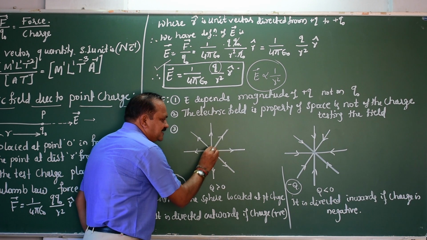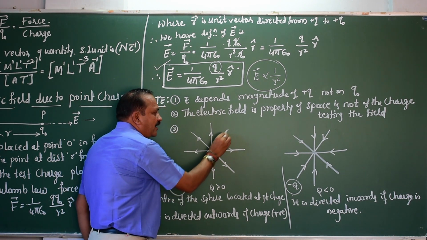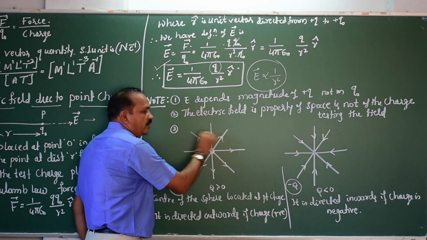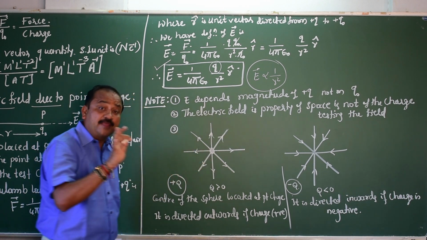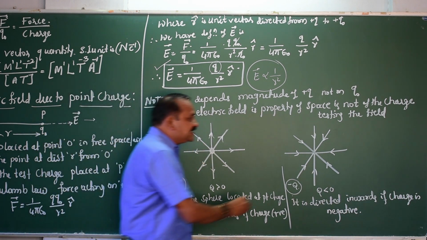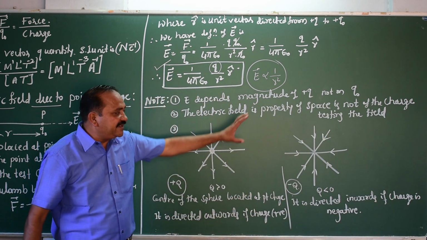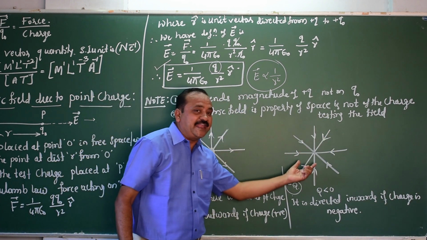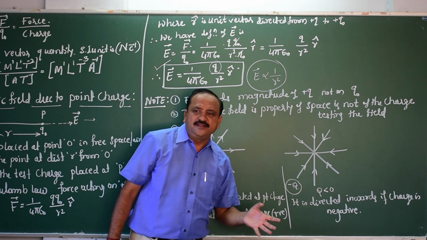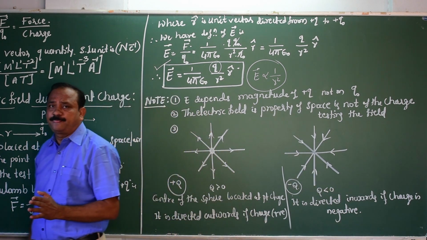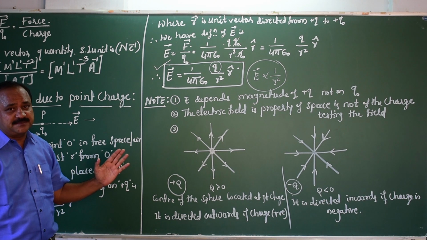Ultimately it is directed outwards; a simple diagram has been asked. If the charge is negative, it is directed inward. So this is the basic thing about the electric field concept.